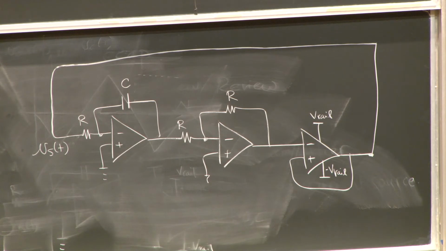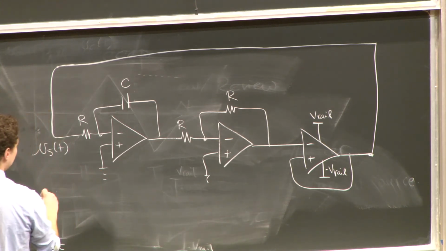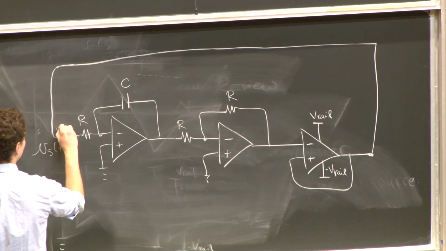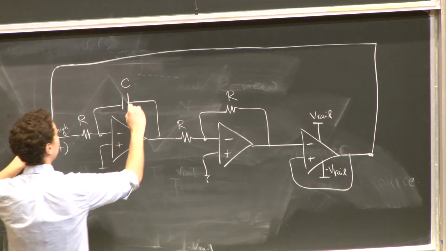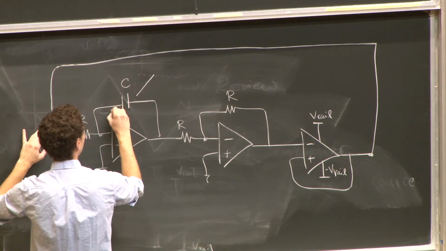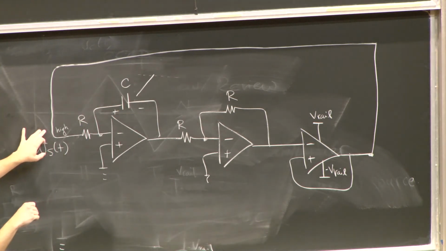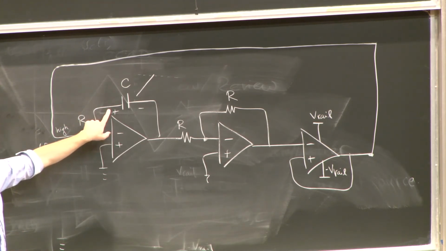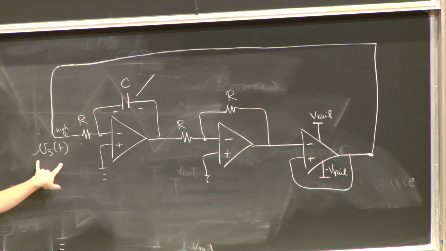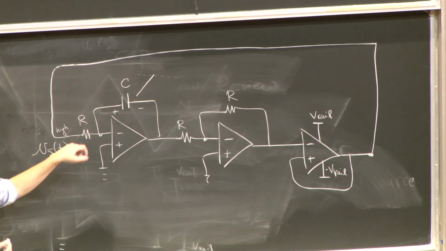So let's go through this circuit really quick and see whether or not this actually works. Let's say Vs is high. That means Vc of t, let's say it starts out high, will be increasing as defined in this way, with a slope of Vs divided by R divided by C. So the current divided by the capacitance, that's the slope of that line.